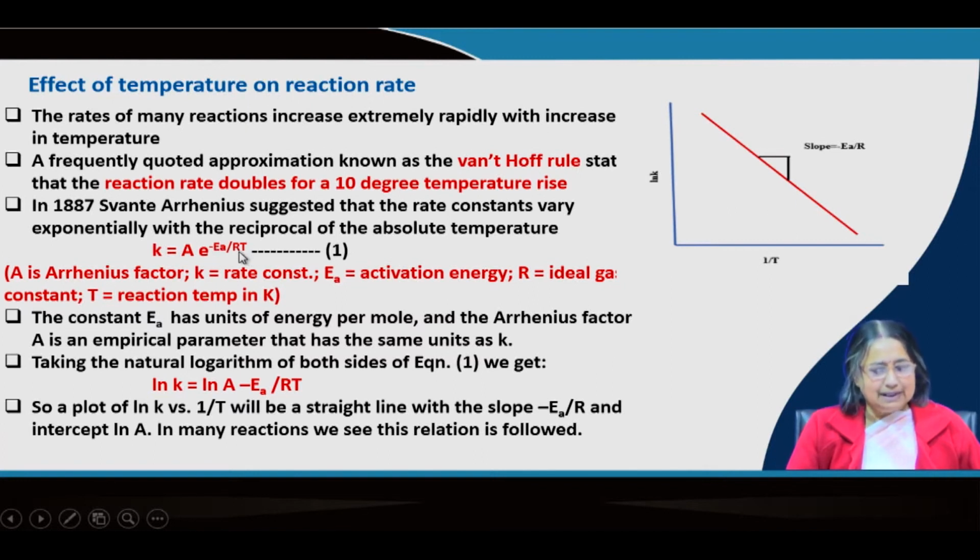R is the universal gas constant, T is the temperature in absolute scale, and Ea is some energy which is called activation energy. So, this is given by Arrhenius in 1887.